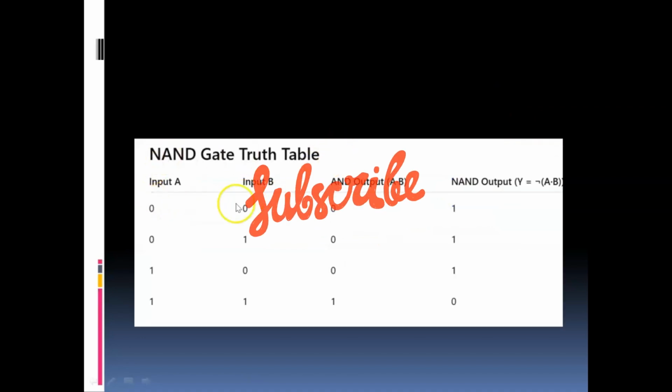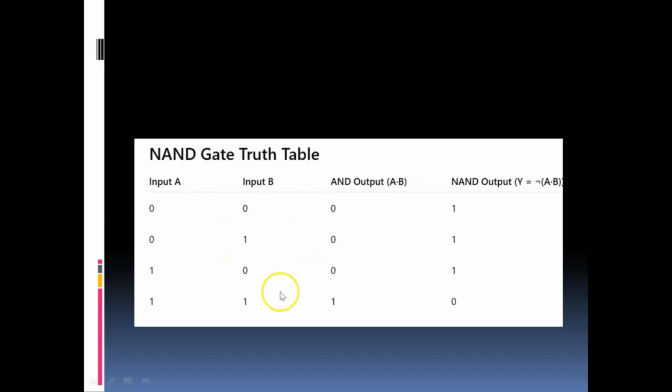To see the truth table, see here 0 and 0. For AND it will always be 0 if any one value is 0. To get a 1 value or high value, inputs should be both 1. So this is our AND gate, which you have already learned in the previous AND truth table. Now you want to see what is NAND.